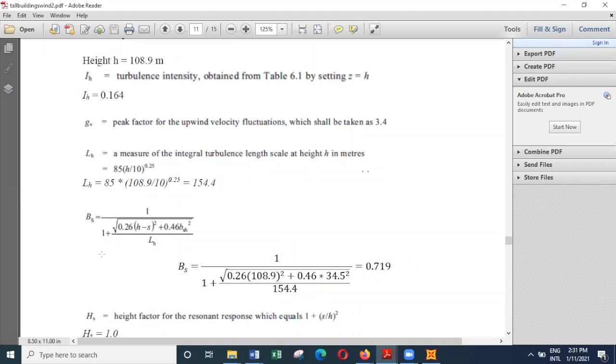So what you have to do is substitute in these values. Here BSH means the average width of the building, and we have a constant width for the building, that is 34.5 meters. Once you substitute, you get BS as 0.719.